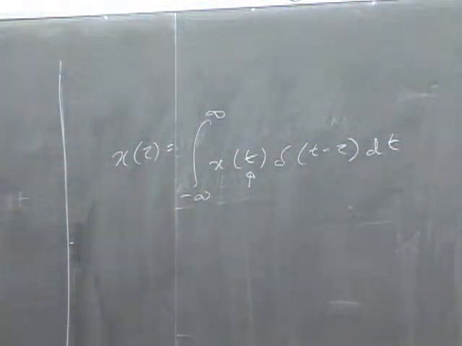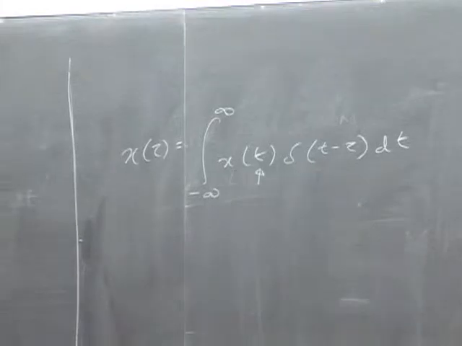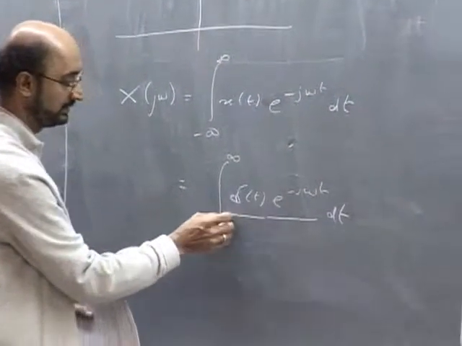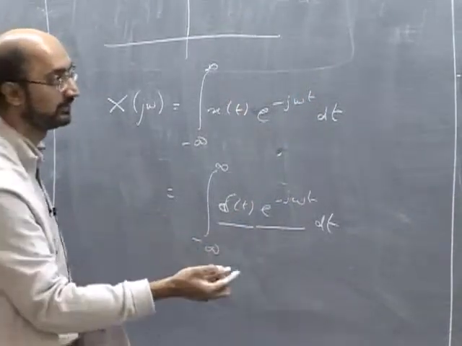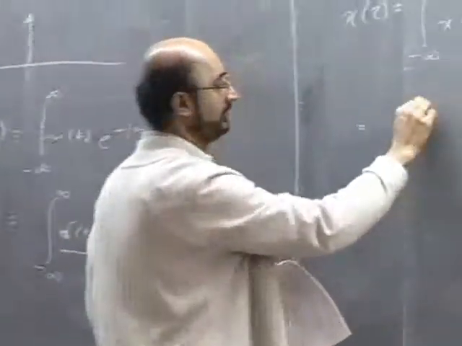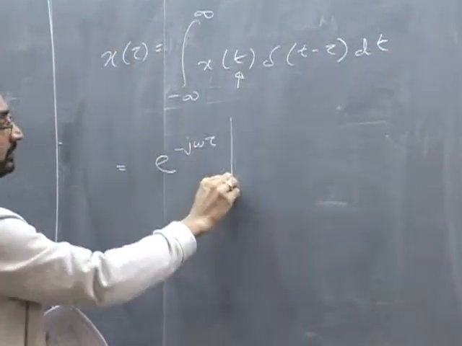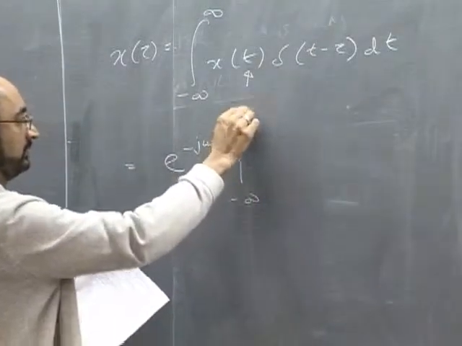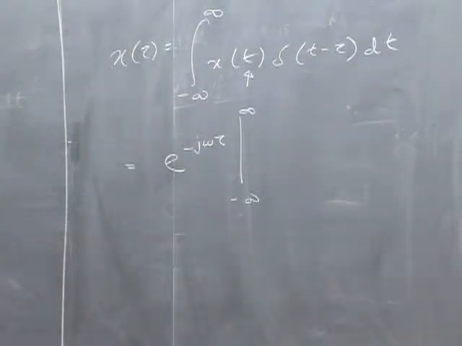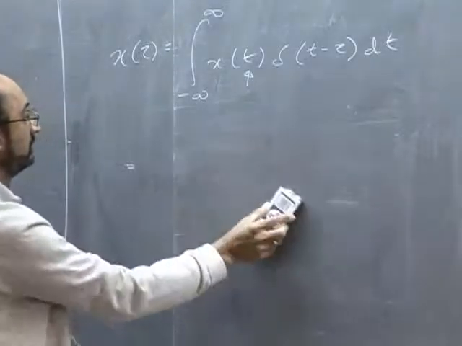So this is kind of the convolution definition. I'm just swapping tau and t, and you can write it this way. So let's look at this one over here. We have e to the minus j omega t times delta(t). If you compare these two, we find that this integral can be written as e to the minus j omega tau, at tau equals 0.